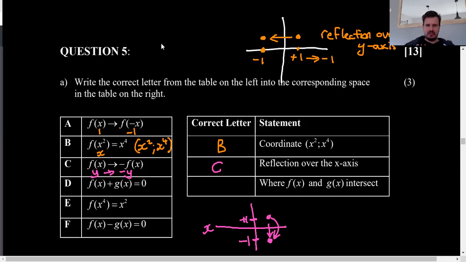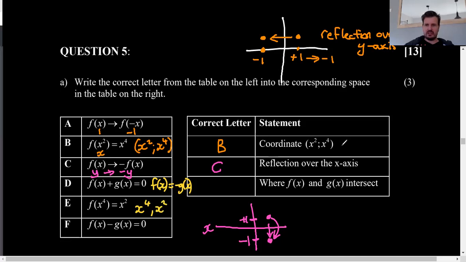D, let's do a different color. If you were to rearrange that and took g of x to the other side, it would become -g of x. So this is basically saying f of x equals -g of x. That's not really relevant in this situation. Here we have the coordinates. Your x is x to the 4, meaning your y would be x squared.